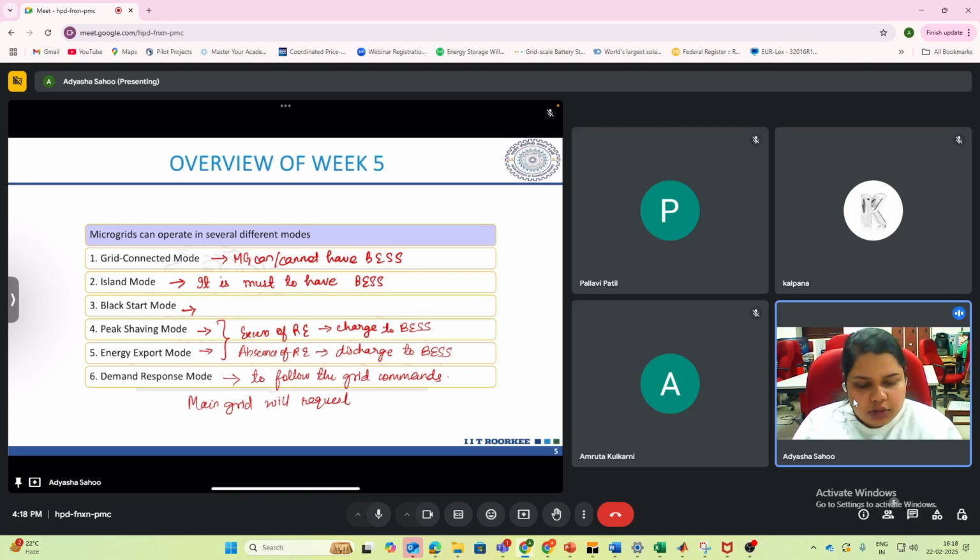So it will request a flexibility up service or down service. Then if the microgrid follows the request of the main grid, we can see it is basically the response of the microgrid to the main grid request.